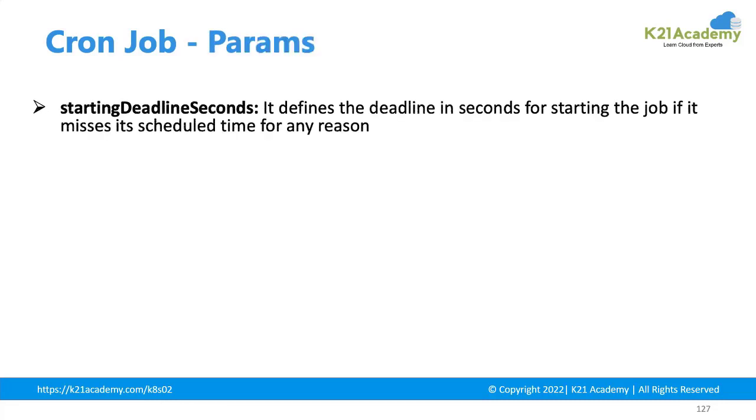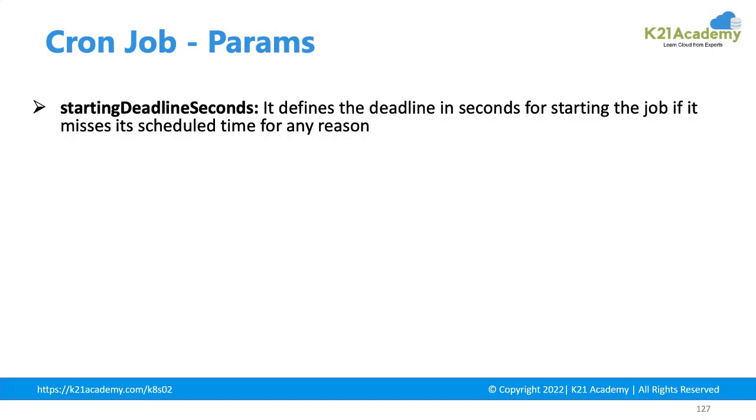There are a few other important fields which we can specify for the cron job, like the starting deadline seconds. Suppose I have created a cron job which needs to start at 8:30 a.m. every day, and I have given the starting deadline seconds as 60 seconds.